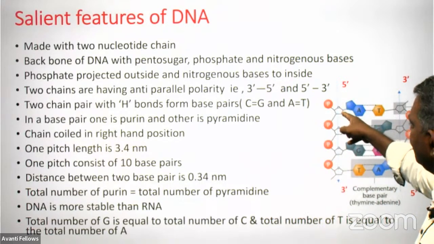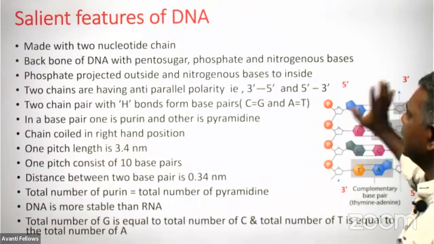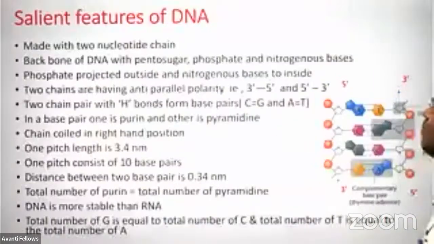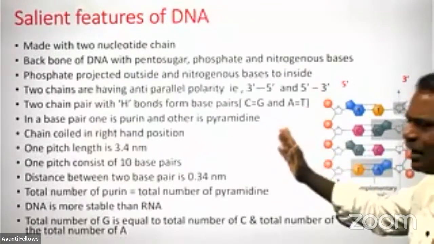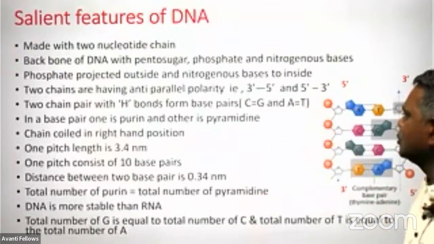And here, the fifth carbon atom, 1, 2, 3, 4, 5. This is the anti-polarity. One chain runs from 3 prime to 5 prime, and another one runs from 5 prime to 3 prime direction only. 5 prime means 5 dash, and 3 prime means 3 dash.